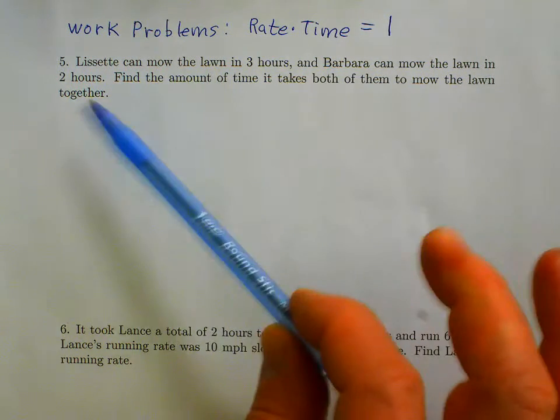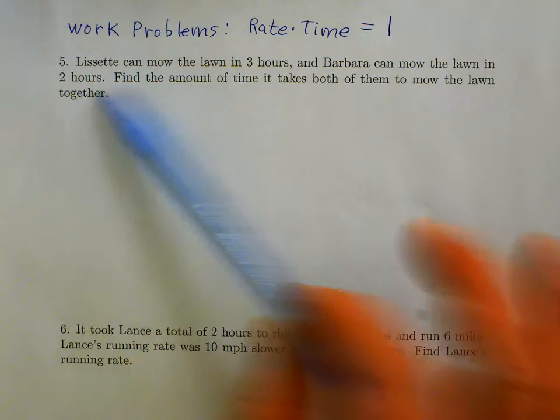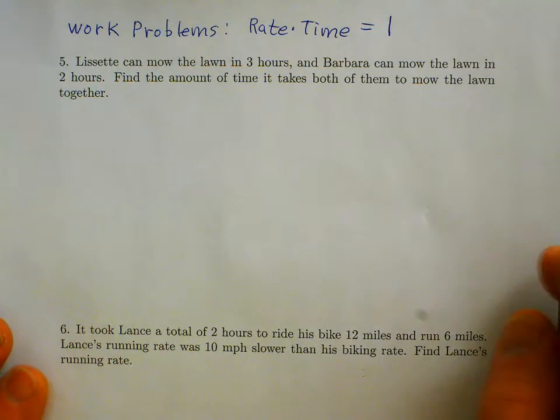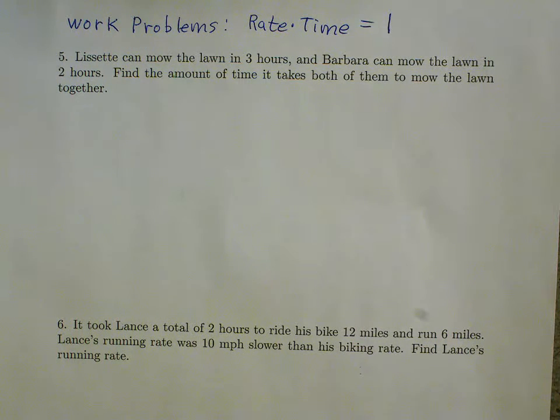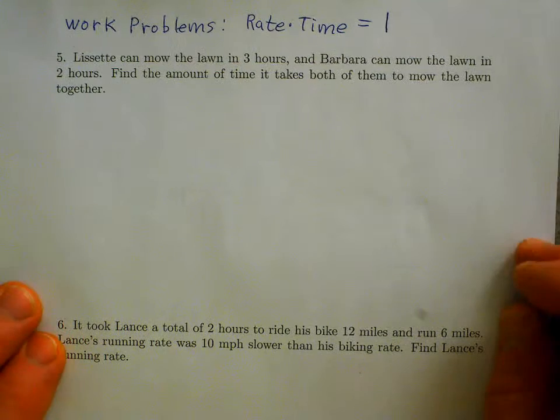We have 2 participants, Lizette and Barbara, so we'll write down a rate times time equals 1 equation for each of them individually, but then it also mentions that they work together, so we'll have a third equation of the form rate times time equals 1 when they work together.